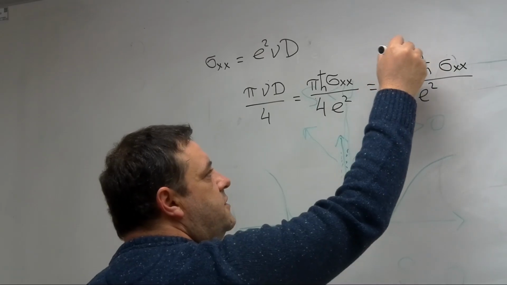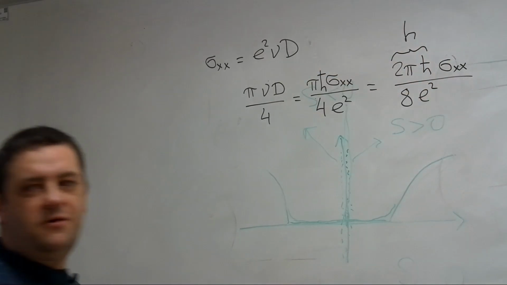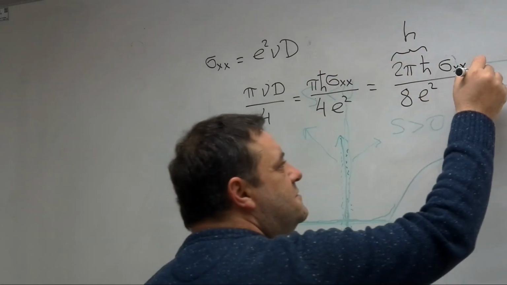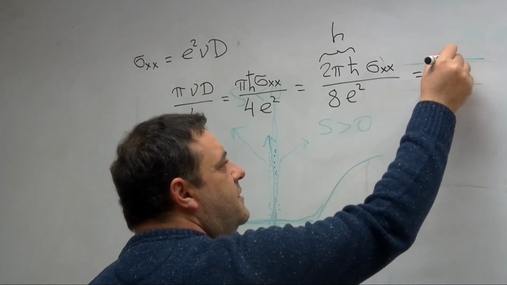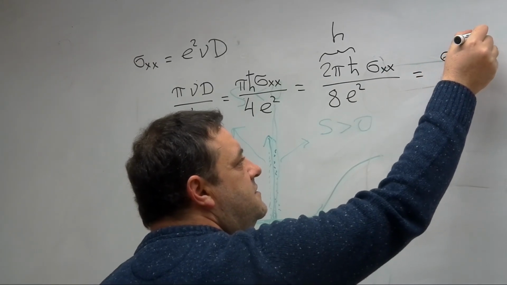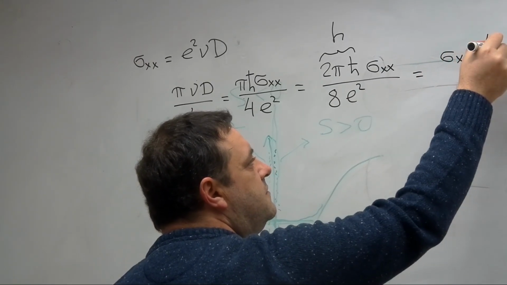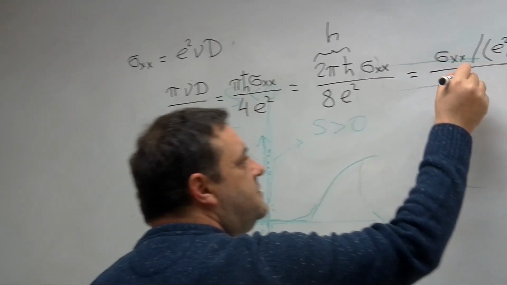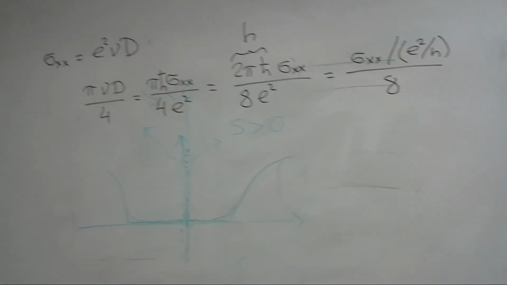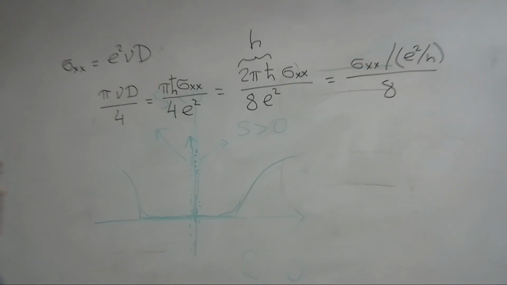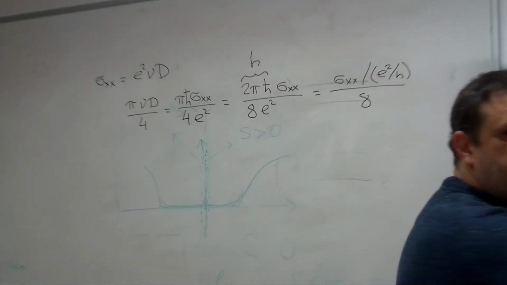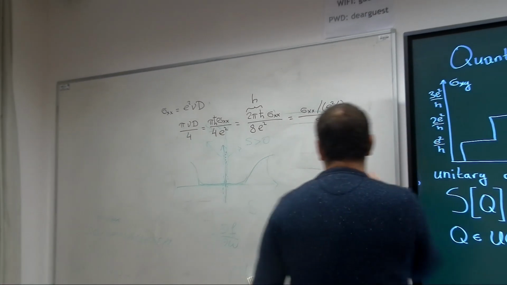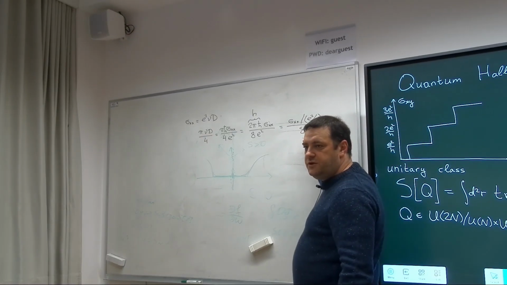And 2 pi h bar is just h without bar. So this whole thing is sigma xx divided by e squared over h, divided by 8. So what's written here is dimensionless conductivity. It's sigma xx measured in units of e squared over h.